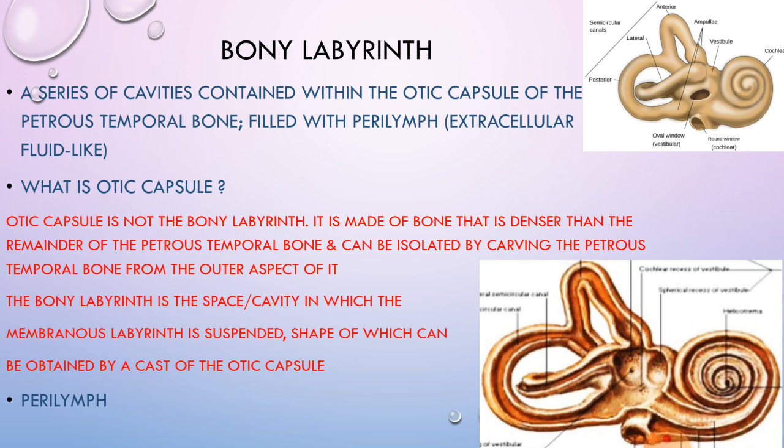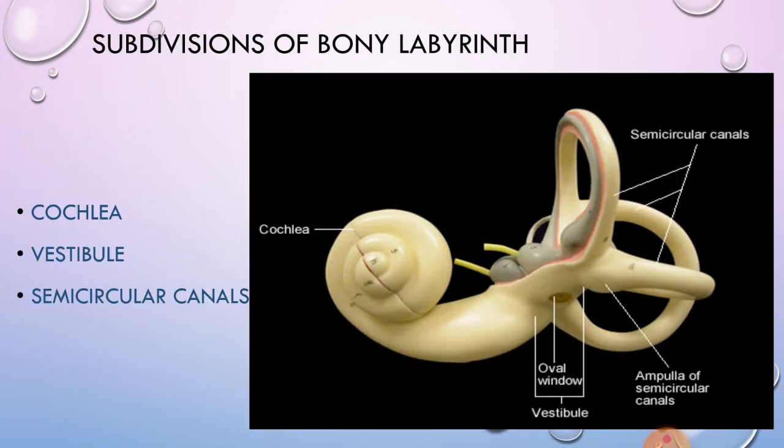And if we make a cast of the otic capsule, then that cast is the bony labyrinth. So I hope you understand the difference between the bony labyrinth and the otic capsule. Okay, the subdivisions of the bony labyrinth are cochlea, vestibule, and the semicircular canals, as you can see in this diagram.